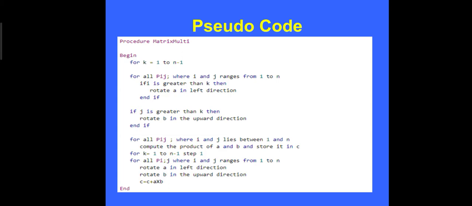For all the processing elements Pij, you compute the product of A and B and store it in C. So each time we rotate A in the left direction and B in the upward direction, and we get the result as C equals C plus A times B.